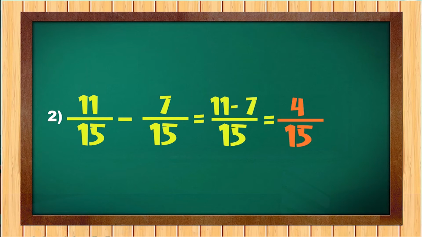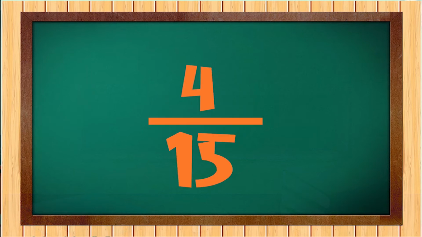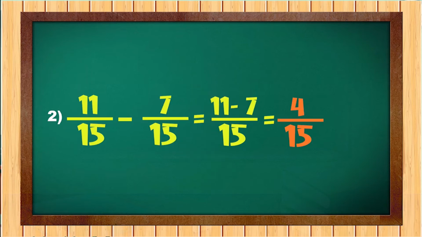So 11 take 7 equals 4. We replace the common denominator, so the answer is 4/15. Boys and girls, zoom in on that fraction. Can we write that fraction on the answer line as it is? Yes, we can. That is the simplest form this fraction can be expressed in.